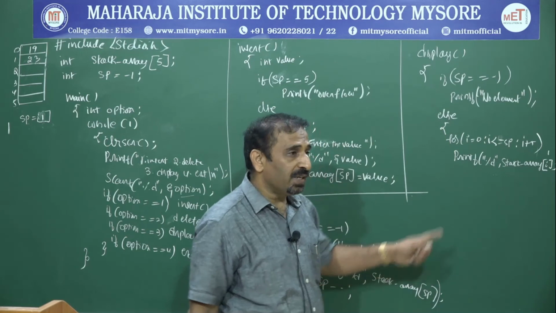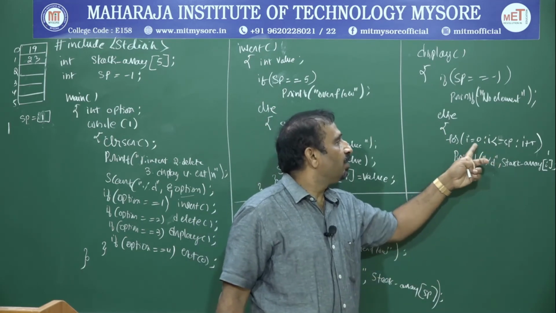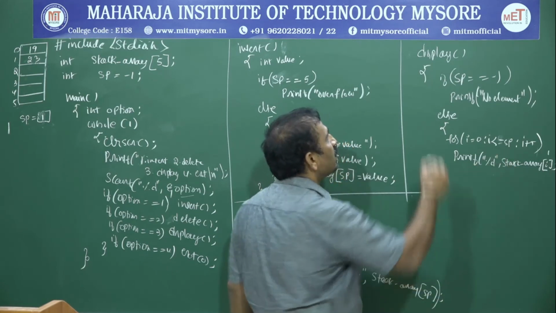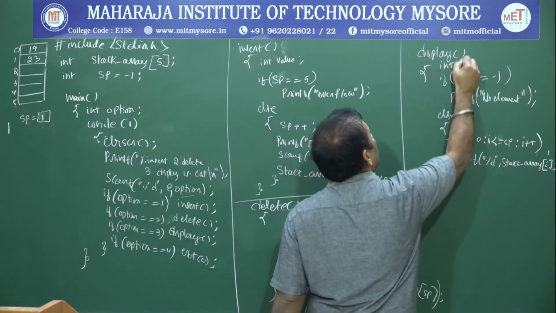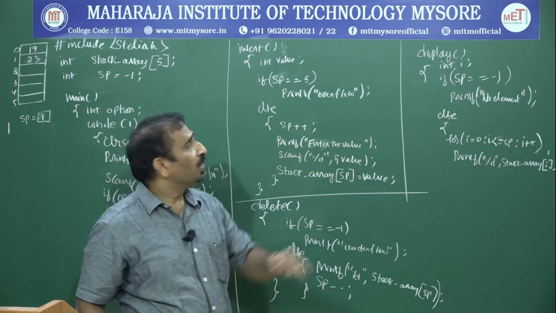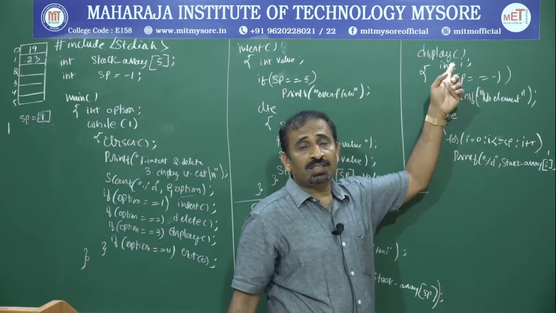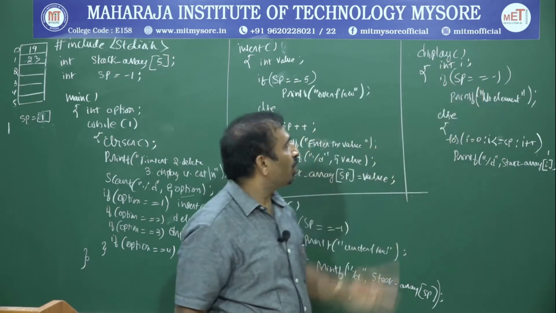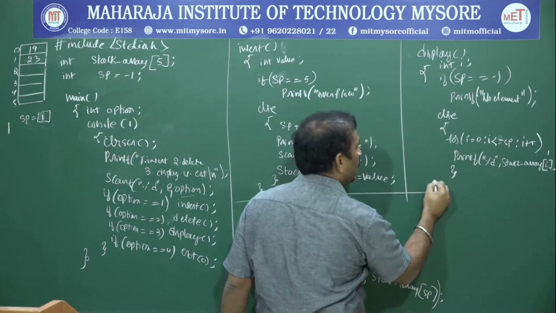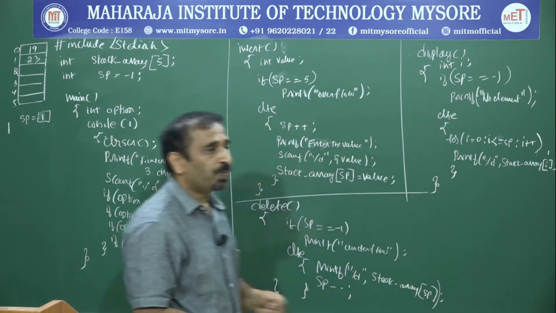I am printing each element till I reaches the stack pointer. Since I have used I as a variable, you can declare it as a local variable there, int I. That's it. Close this else, close this.